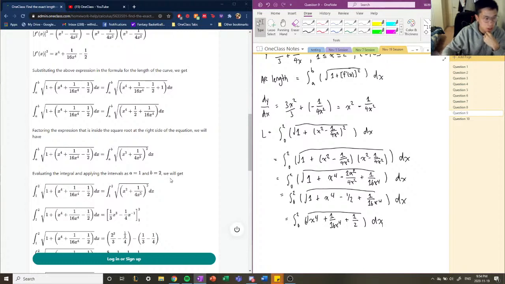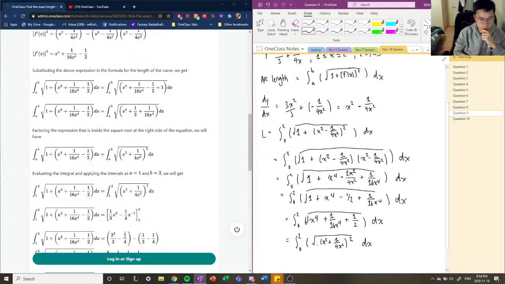Now we can rewrite x to the power of 4 plus 1 over 16x to the power of 4 plus a half as x squared plus 1 over 4x squared, all squared. It's simply a perfect square.